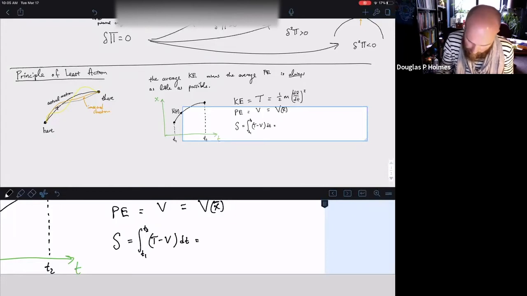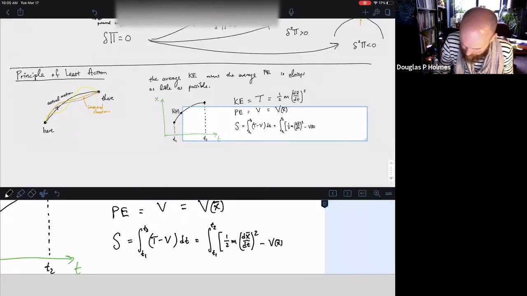But we can say, well, I know what that is. It's really the integral from T1 to T2 of 1/2 m (dx bar/dt) squared minus V of x bar, dt.